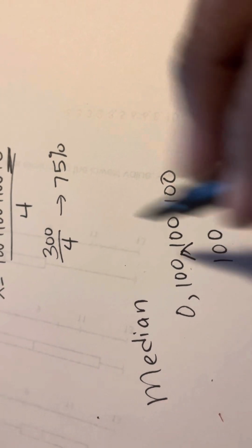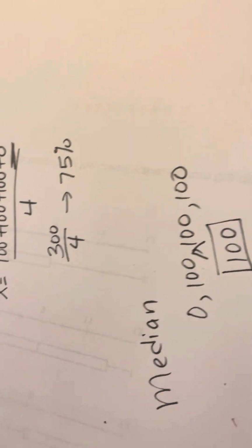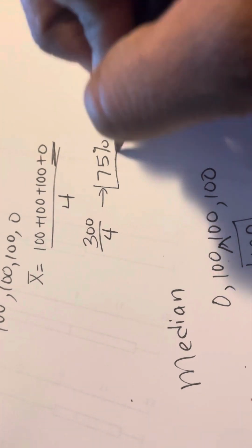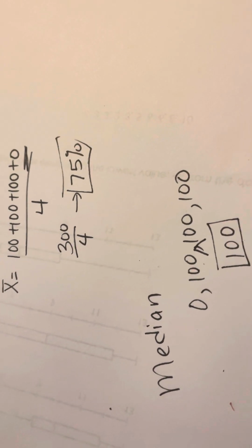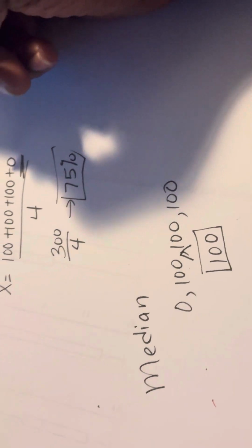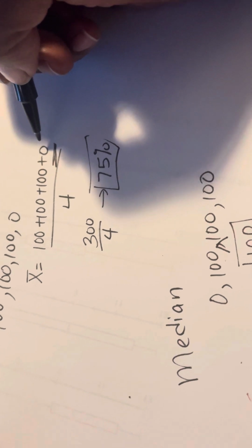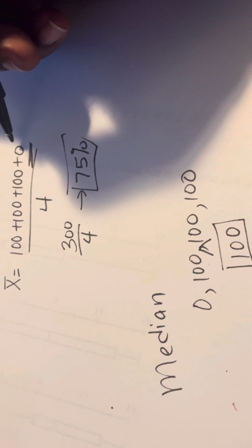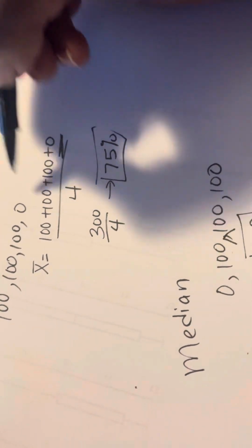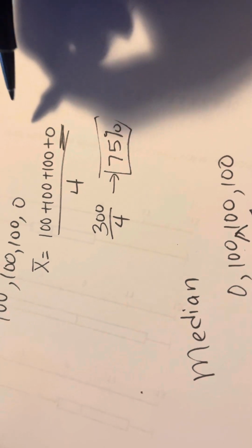So the median is 100. Wouldn't you want that to be your grade rather than the 75? Now, just so you know, if your distribution has an outlier, remember we talked about that yesterday, or the data is somewhat skewed, the mean is not going to be that middle number.